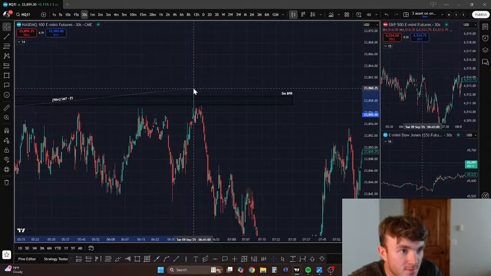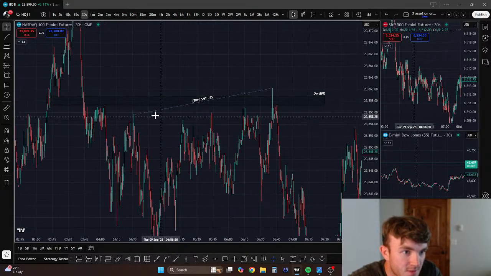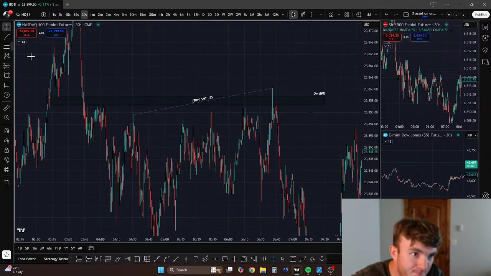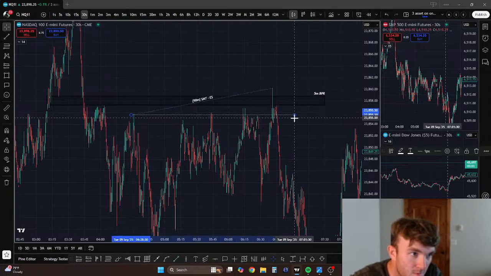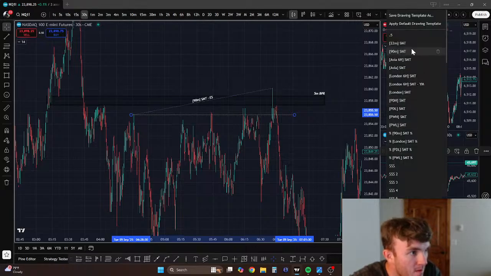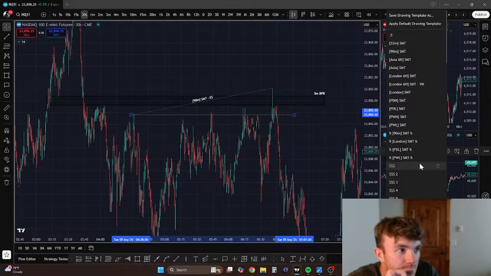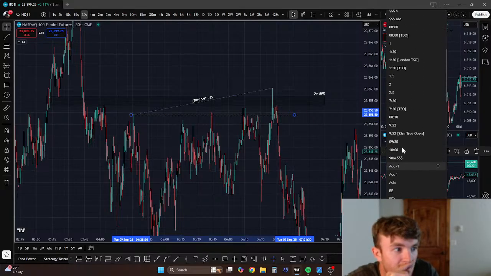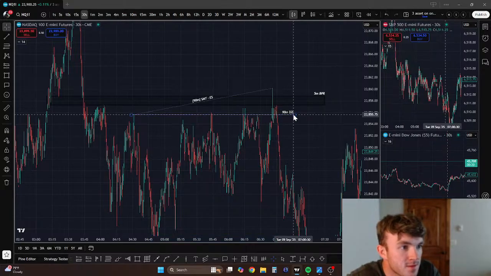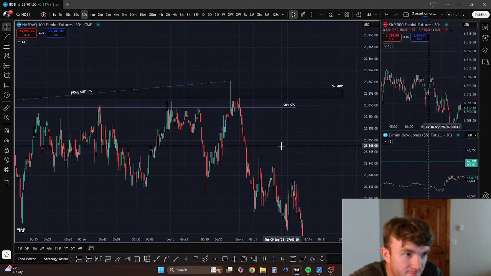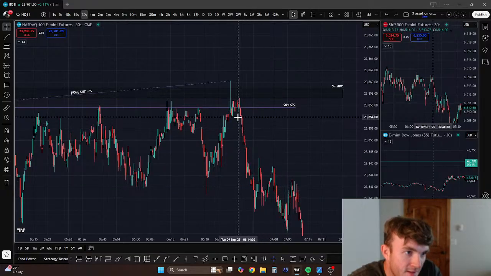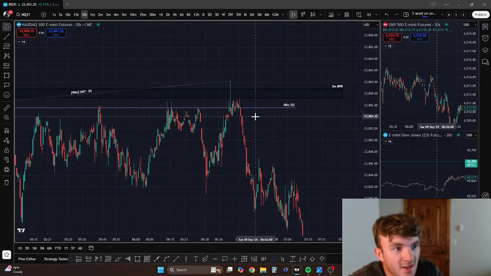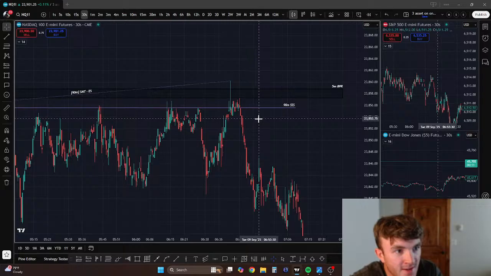And we get a sweep of this high. Yeah, I think the obvious change in state occurs right here.